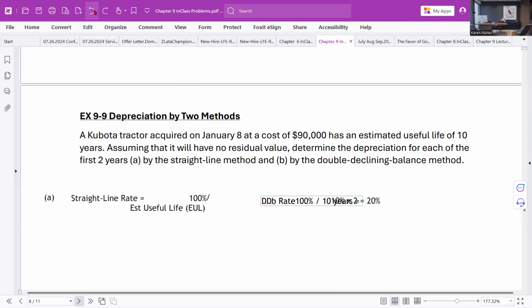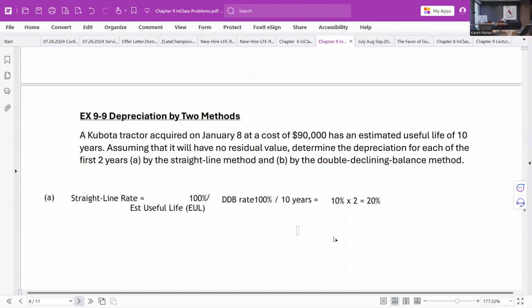I didn't mean to do that. Okay, there we go. So the DDB rate is again twice the straight line rate.